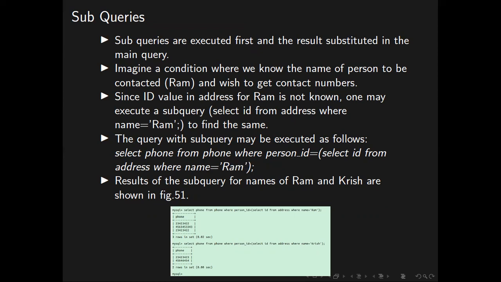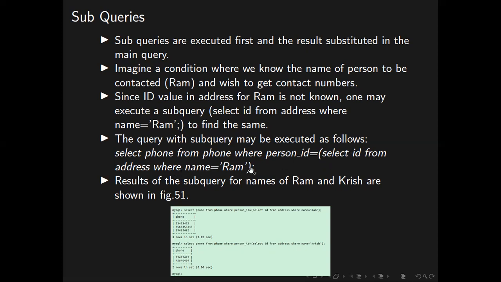We are providing the ID, whereas for the ID we don't know the ID number. We know the name. Therefore we run a subquery on a different table to get the ID. The problem is I have to provide the ID. I don't know the ID. I know the name. Therefore, I run the subquery for getting the ID.